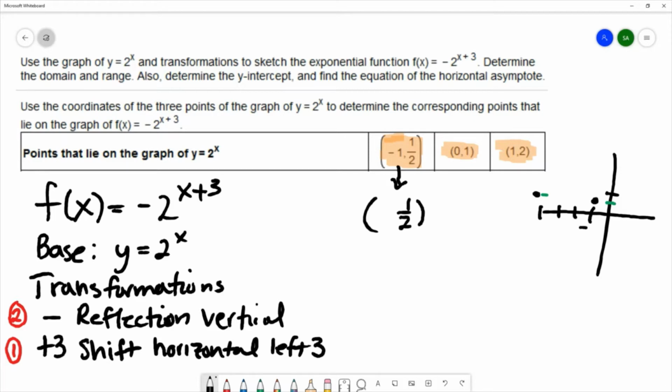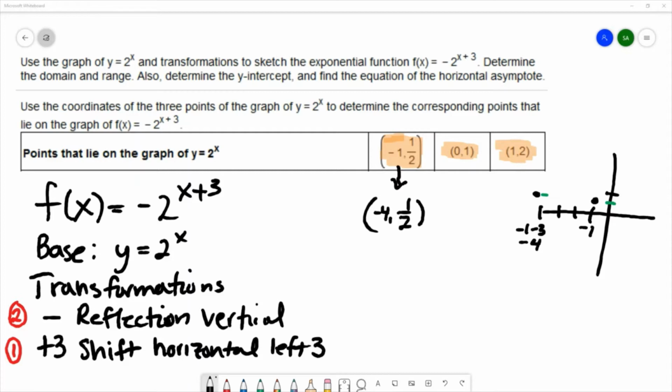It started off being negative 1, and when we shifted it left 3, we took that negative 1 and subtracted 3 to get negative 4. So the new coordinate would have an x of negative 4. Then we want to do the other transformation of reflecting.